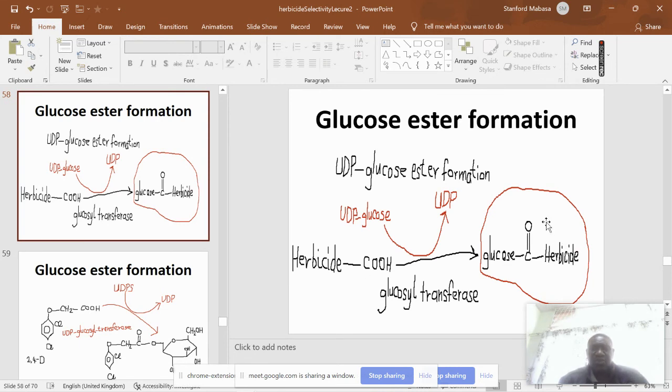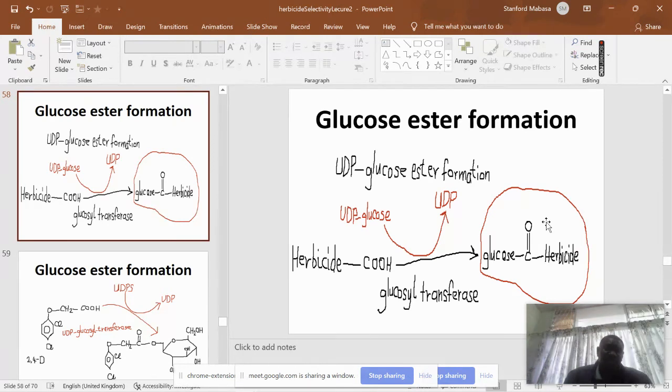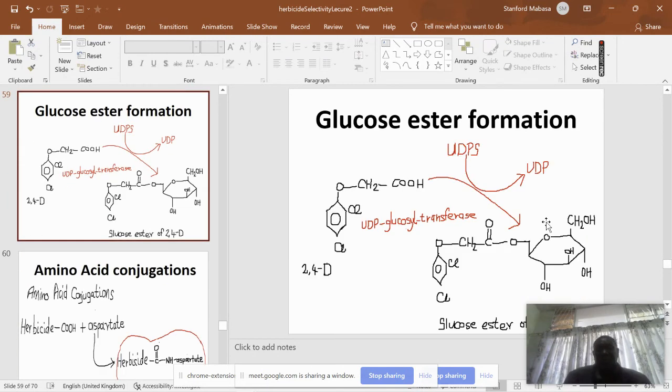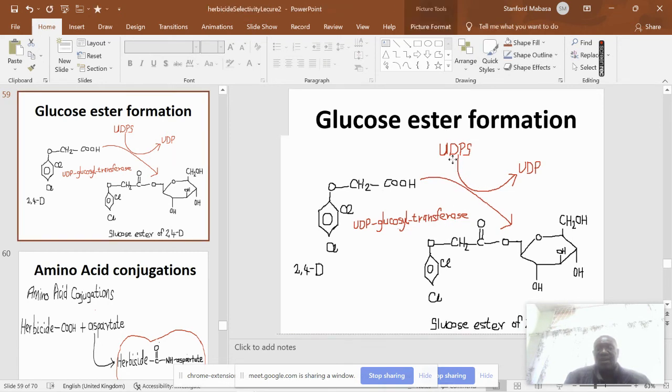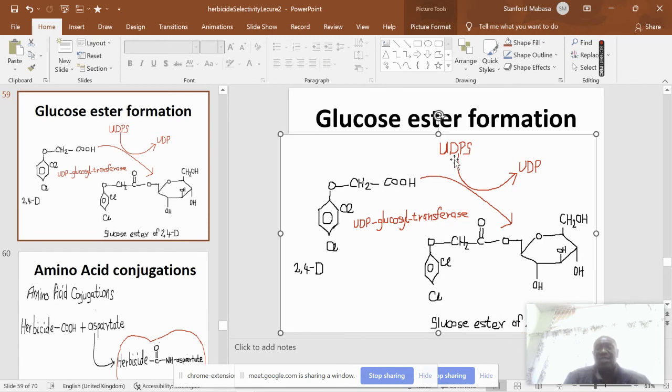This is going to be moved to the vacuole, and the plant will become safe. It's not going to be killed by the herbicide. If we had 2,4-D acid, it can be detoxified via the glucose donation from this UDPG. So we have this very complicated structure which is moved to the vacuole.